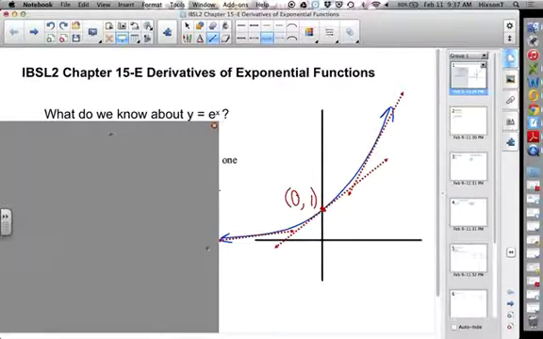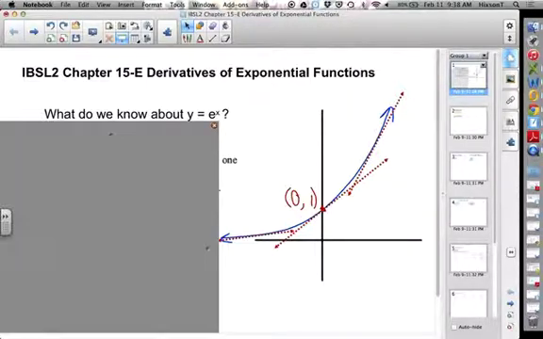They're positive. They all have a positive slope. The derivative of e to the x is always going to be positive, because our function is constantly increasing. It's increasing as we go from negative infinity up to positive infinity.